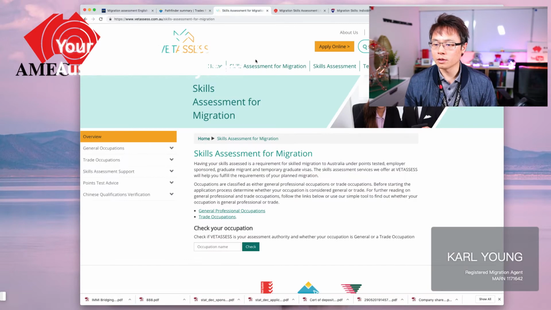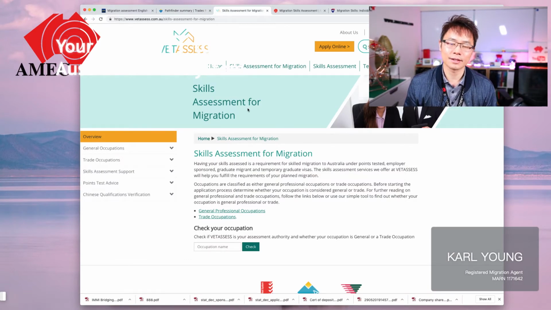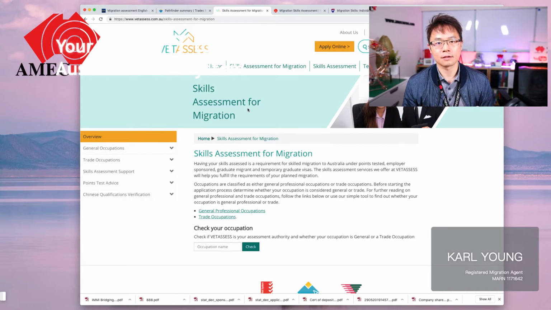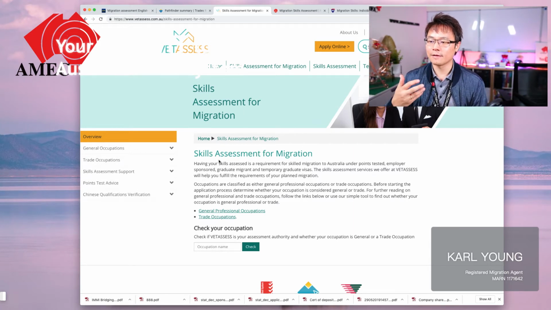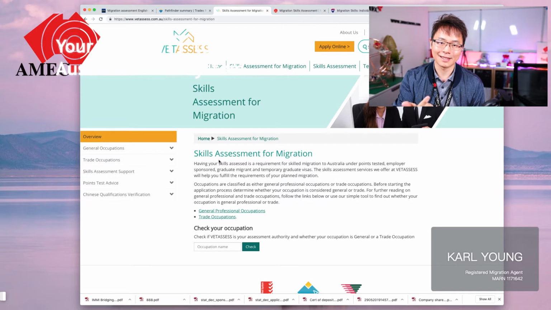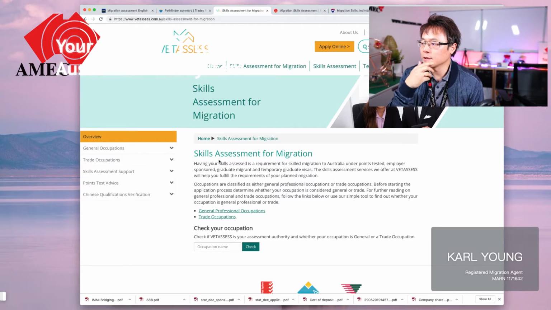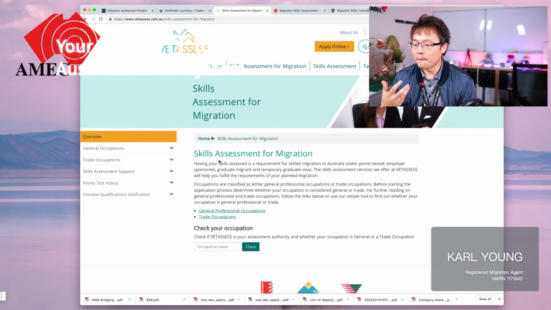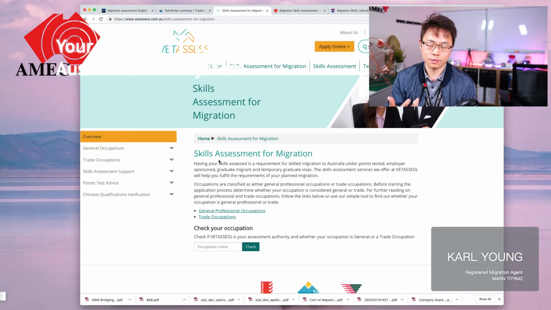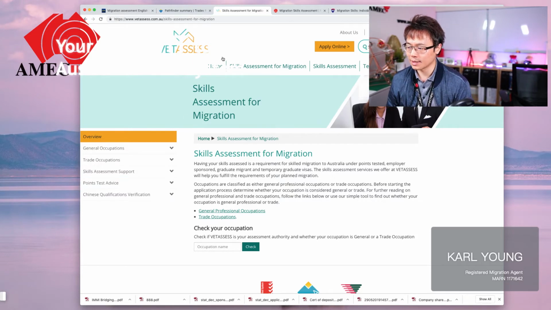Now, moving onwards, we have VETASSESS. VETASSESS generally assesses all the generic management roles and some of the professional roles. So apart from engineers, IT, accountant, and nursing and the medical parts, most other general occupations will fall into VETASSESS.